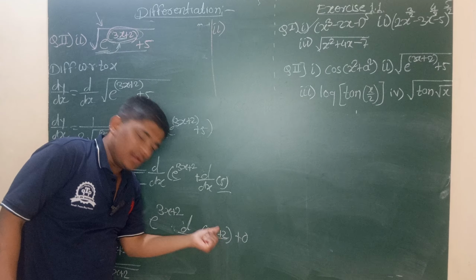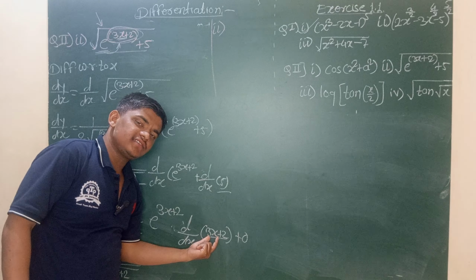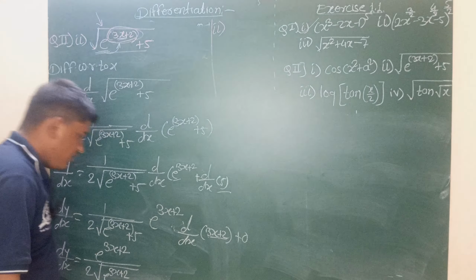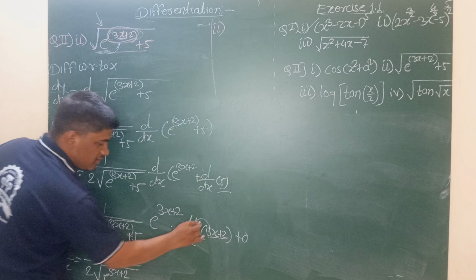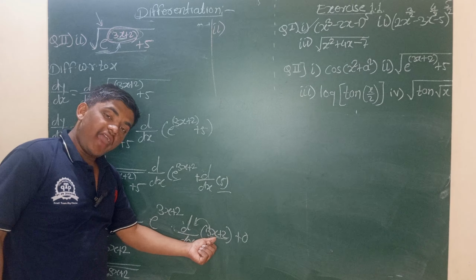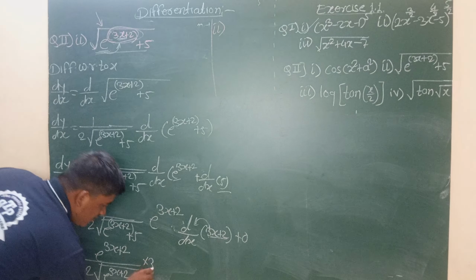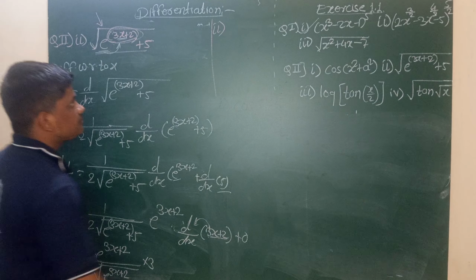The differentiation of any constant is 0, so we just differentiate 3x with respect to x, then write the final answer. The 3, which is a constant multiplied with x, we take outside, and the differentiation of x with respect to x is 1. Here we just multiply by 3.